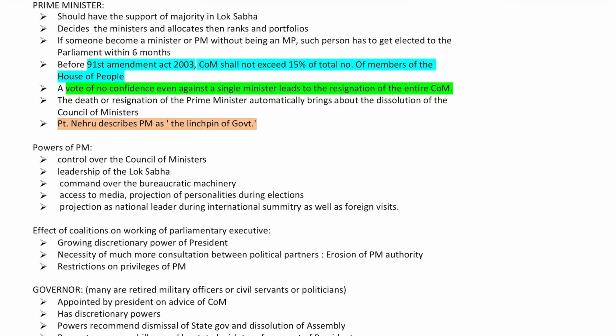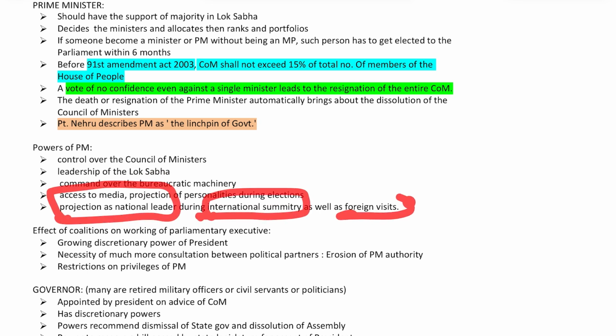So he is the leader of the House in the Lok Sabha, and in the Rajya Sabha, if the Prime Minister is a member of the Lok Sabha, then he appoints somebody from his party as his representative, as the leader of the House in the Rajya Sabha. Then he commands the bureaucratic machinery, has access to media, projection of personality during elections, projection as national leader during international summits, as well as foreign visits.